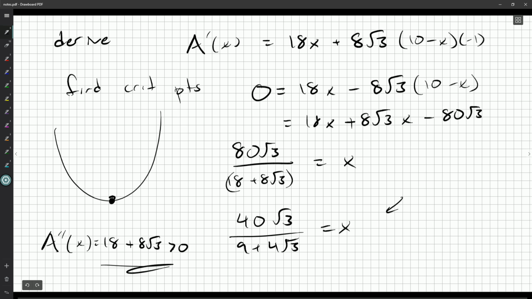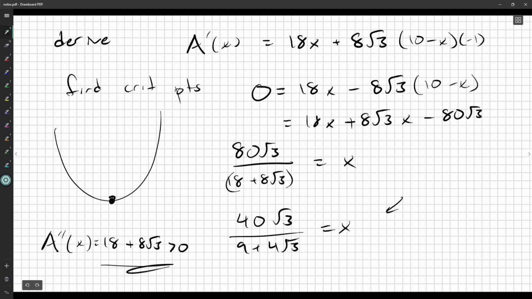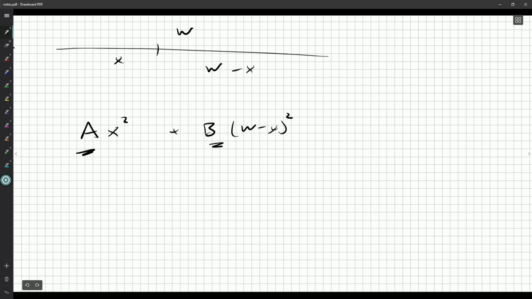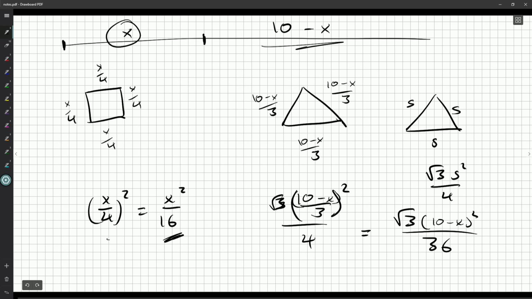The reason I'm doing it this way rather than another way you might know if you know calculus, which is to say, all right, your critical points are the endpoints, so the smallest and biggest possible values of x along that wire. And remember, the value of x is at most 0. You chop off none of the wire, and it's at most 10. The square gets all of it. Okay?